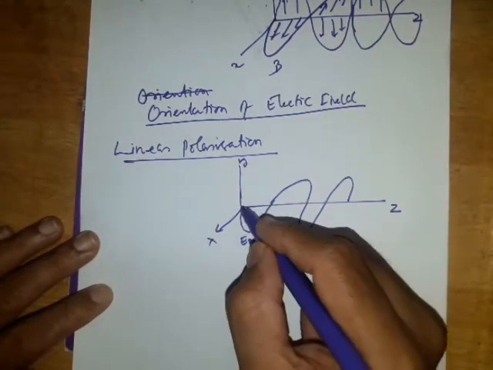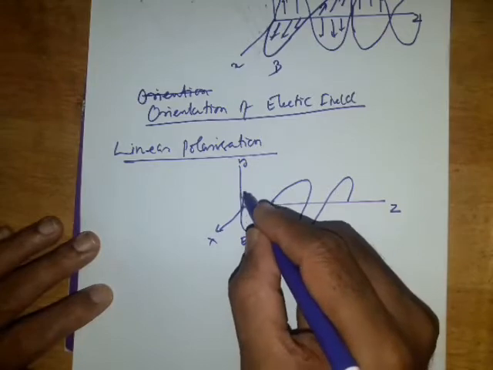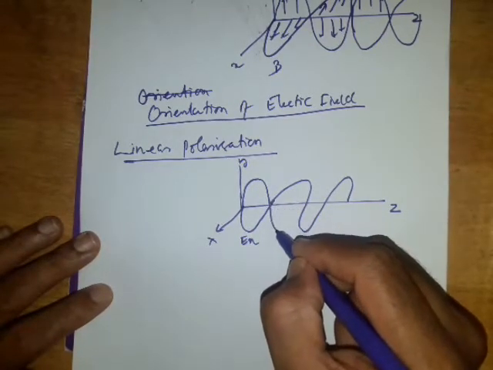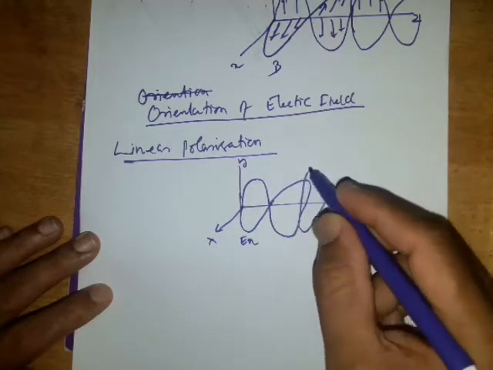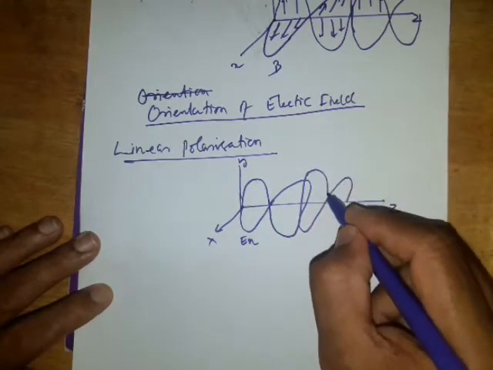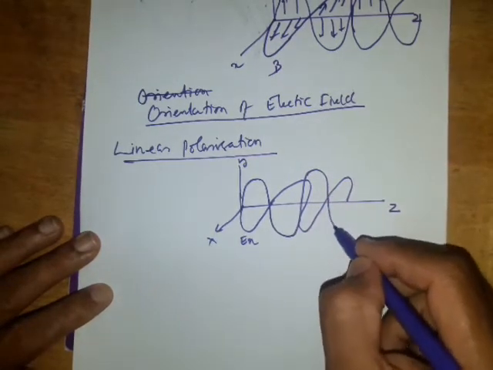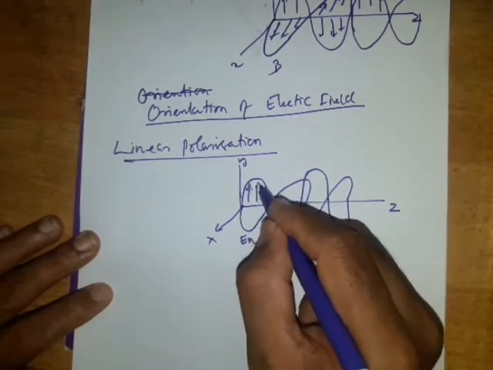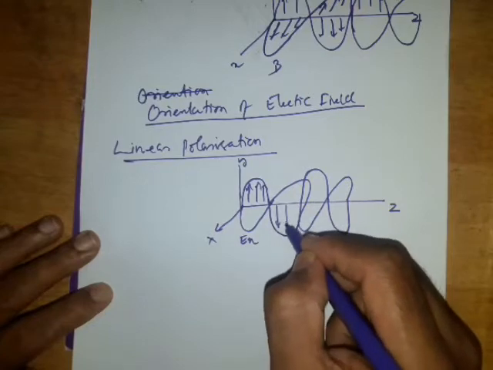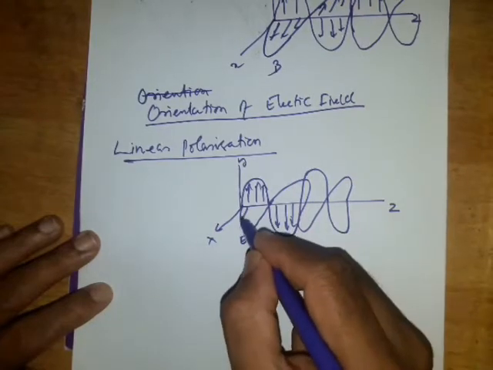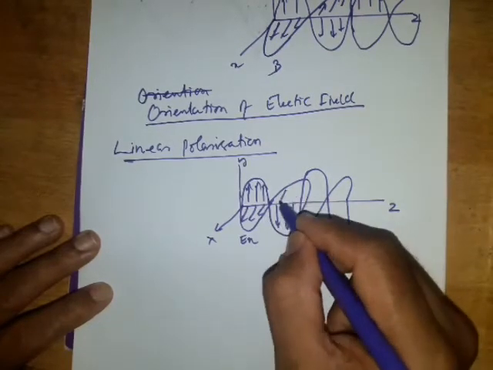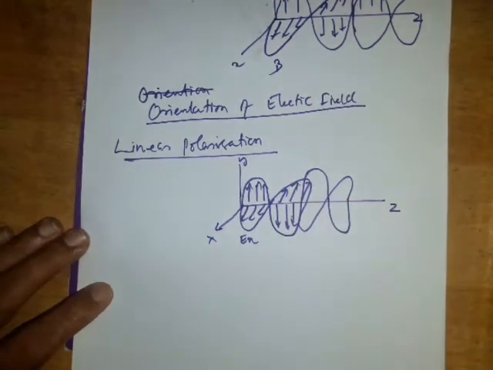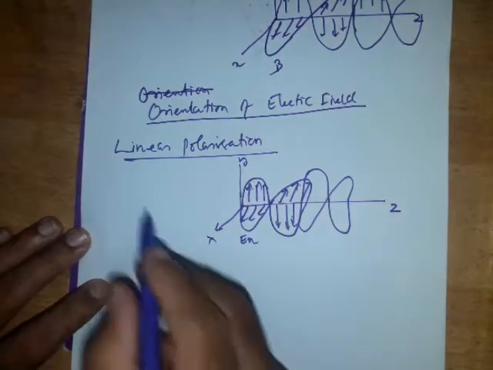Similarly, I have one more component of the electric field vector, which is along the y-axis, and this is along the z-axis. So both components are perpendicular to each other.